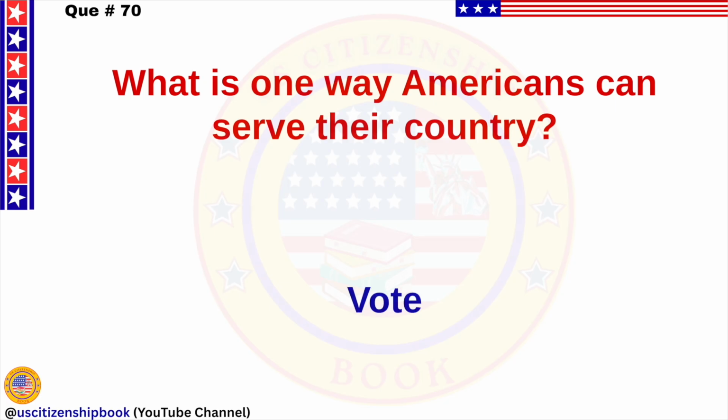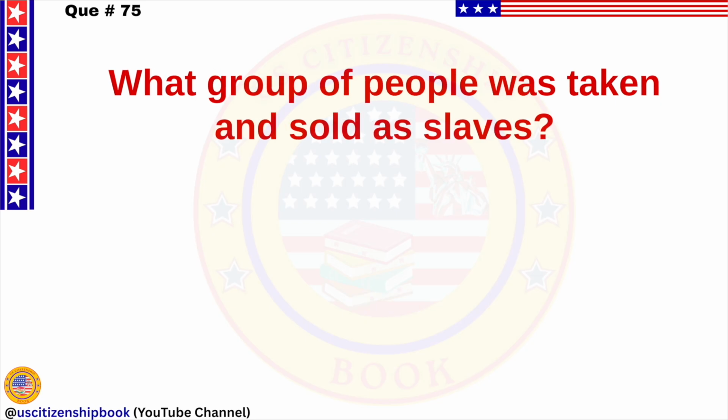Vote. What group of people was taken and sold as slaves? Africans.